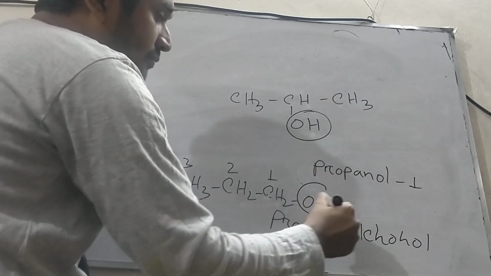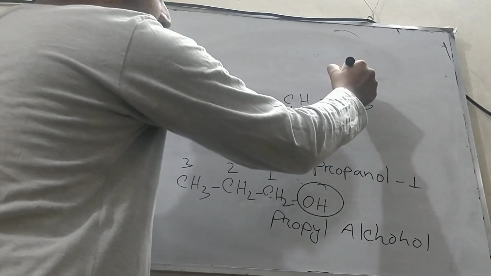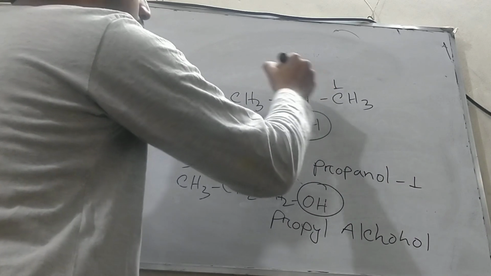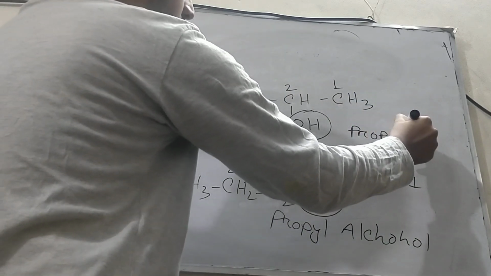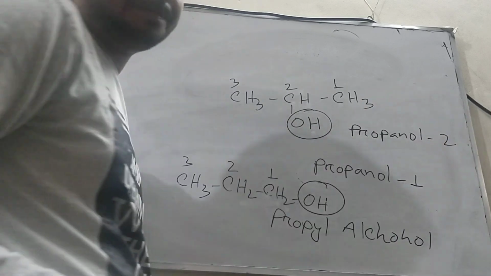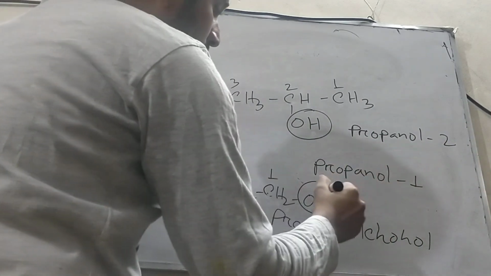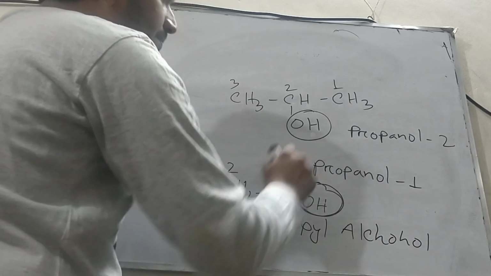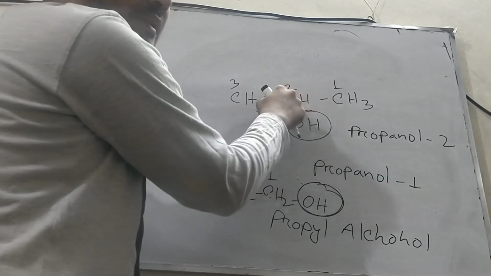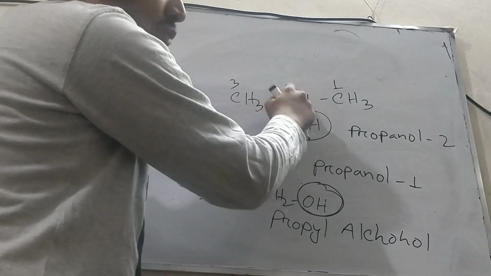That's why the difference is the location of alcohol, counting 1, 2, 3. So you can say propanol 2. So alcohol is situated here on carbon number 1, but here it is on carbon number 2.